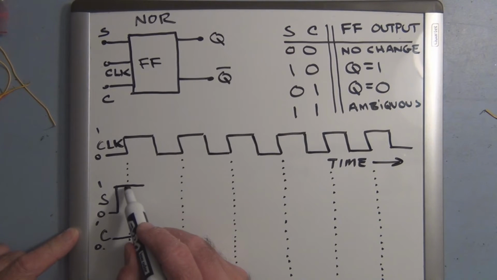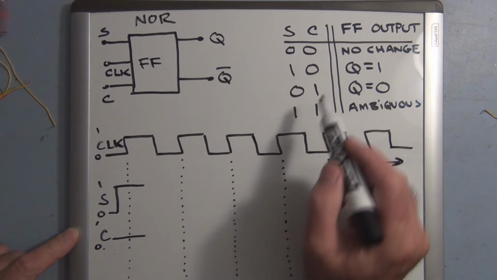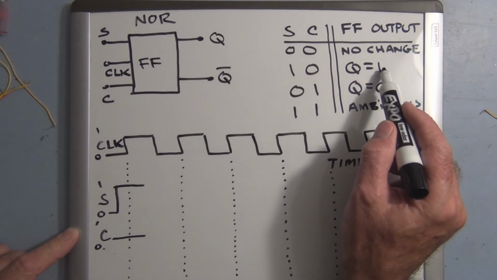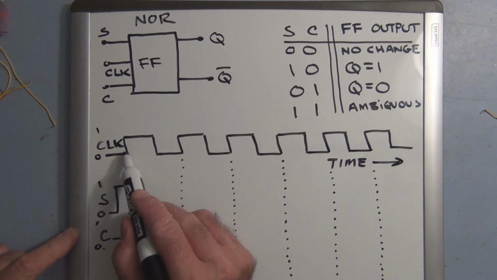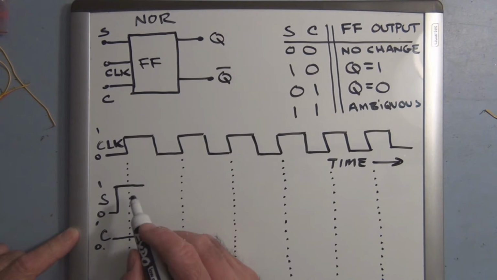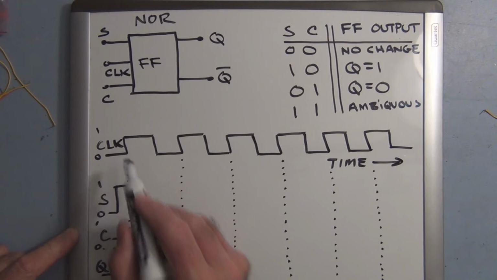At this point here we have set equal to 1, clear equal to 0. So Q will go to 1, but it goes to 1 at the leading edge of the clock signal. So this is 0 and this is 1 at the leading edge of this clock signal.